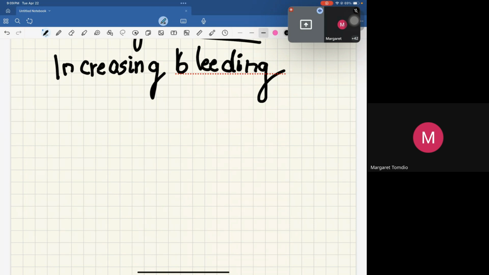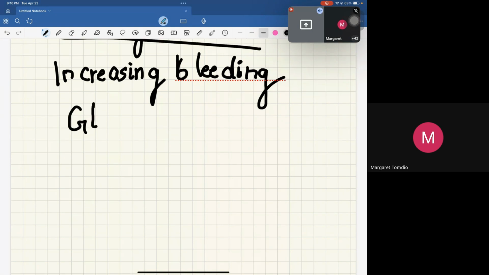As well, during the physical examination, there will be globular enlargement of the uterus. The uterus will be globularly enlarged and it will be tender.